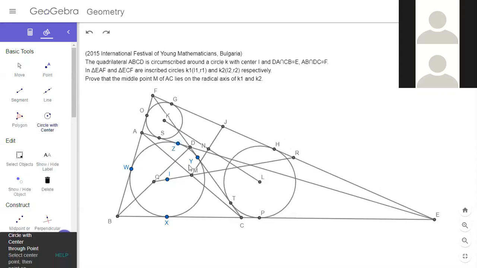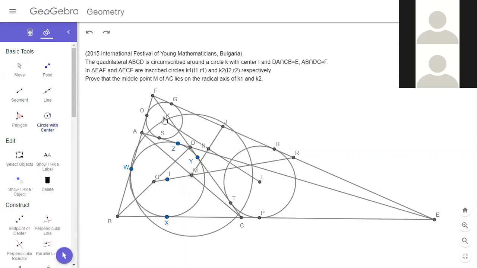So MA is equal to MC. Is it equidistant from anything else?